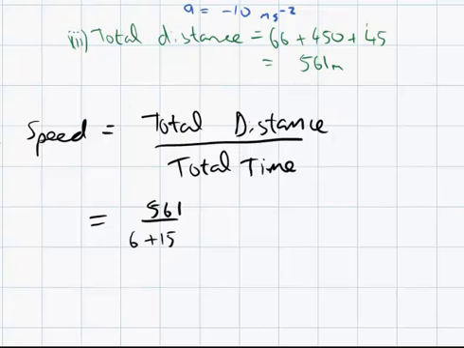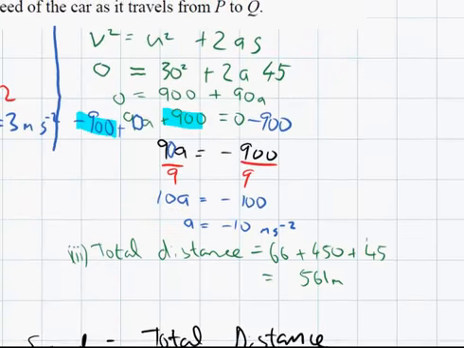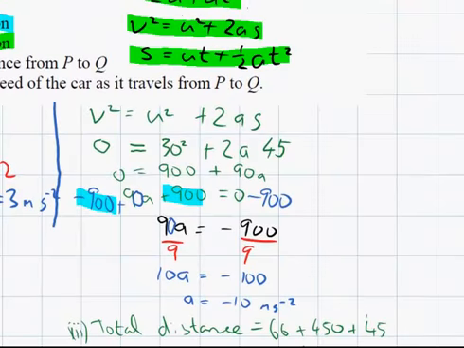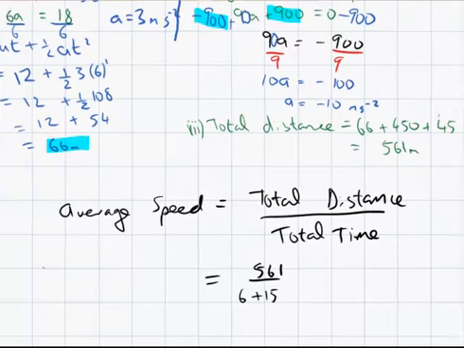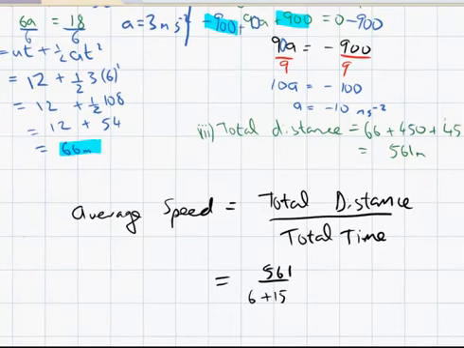Again, we know everything else except the time, so the easiest one to work with would probably be v is equal to u plus at. I'll just write that over here. V is equal to u plus at. The final velocity for the third section is 0. The initial velocity is 30. The acceleration is minus 10.